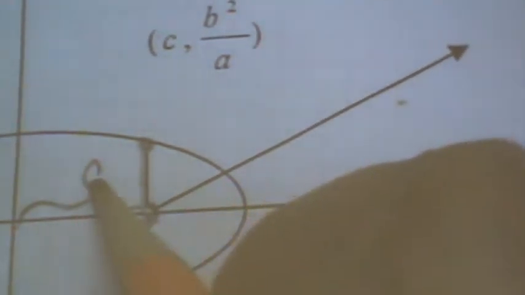So if you cut that in half, you will get these two ordered pairs. If from here to here is c, this ordered pair, if you took 2b squared over a and cut it in half, you would get b squared over a here and negative b squared over a here. These are two endpoints of the latus rectum.